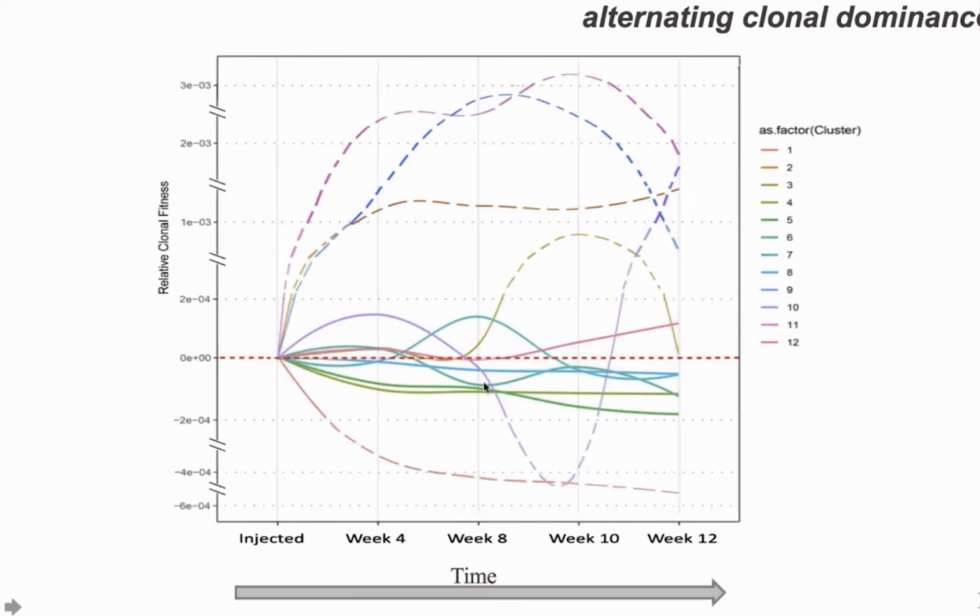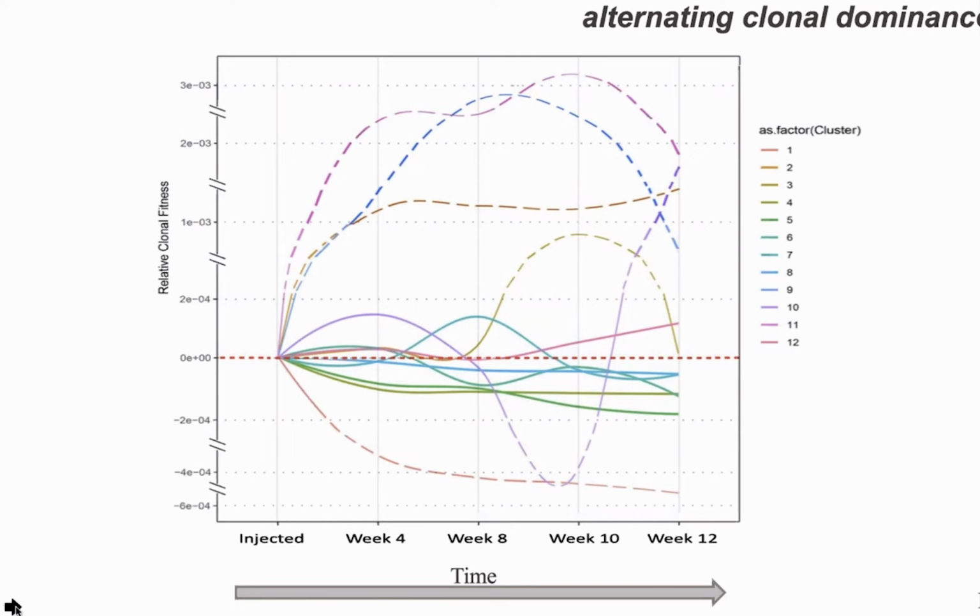But this is interesting because it is telling us that over time, when we inject cells in the animals, there is a continuous reshuffling of different populations and obviously the clonality of the tumor. And so running an experiment at week 4 will probably end up with completely different results than if we run an experiment at week 10 or week 12.